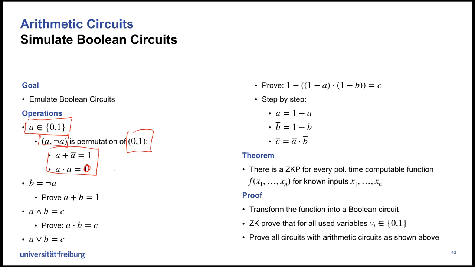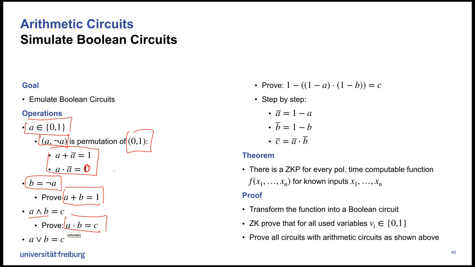You can do the negation. Negation is easy. First you say these are two Boolean numbers, and when you say the sum is equal to 1, then when one is 0, the other must be 1, because we already fixed that this is the case. You can do AND: A times B is equal to this one. That's multiplication.